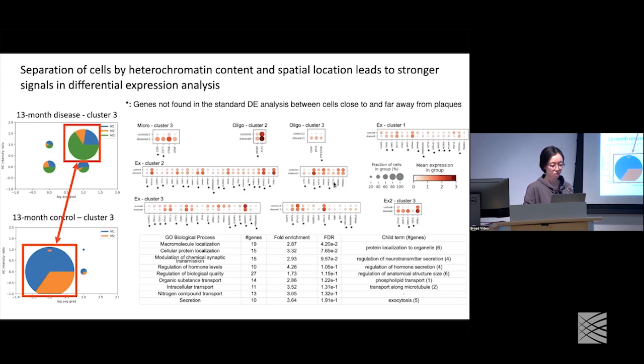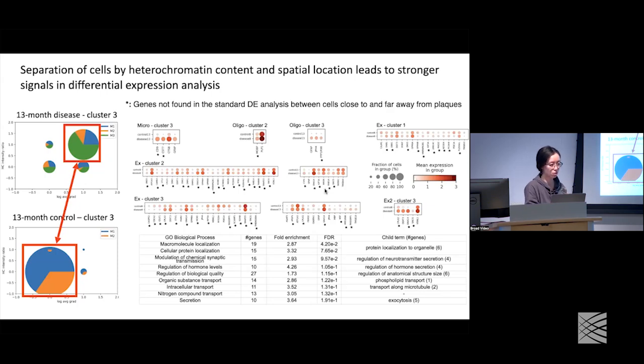And interestingly, a lot of the genes we identified here are not otherwise identified in a standard differential expression analysis between control and AD transgenic mouse if we do not take into account heterochromatin and the predictiveness of plaque. And even when we do a standard differential expression analysis between cells that are close to plaque and cells that are far away from plaque, there are many genes we will not be able to identify if we do not separate them by heterochromatin ratio.